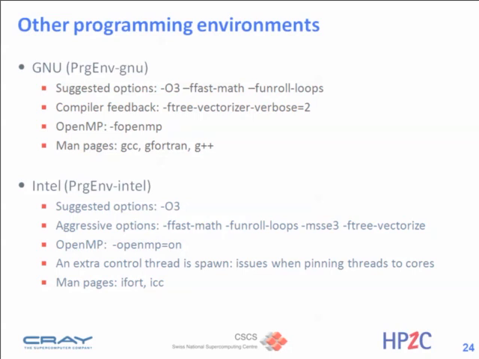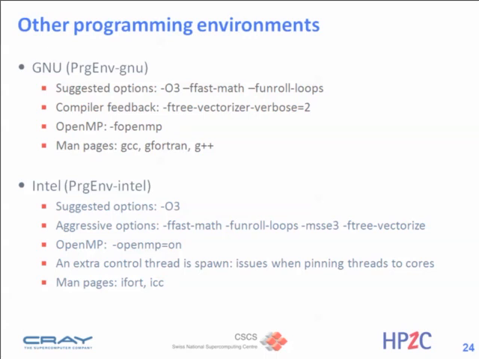Yes, there is one thing that you need to know about Intel. In my experience, when you use OpenMP with the Intel compiler, at runtime you have an extra thread. So you are compiling for 4 OpenMP threads, and you get 5 threads running.